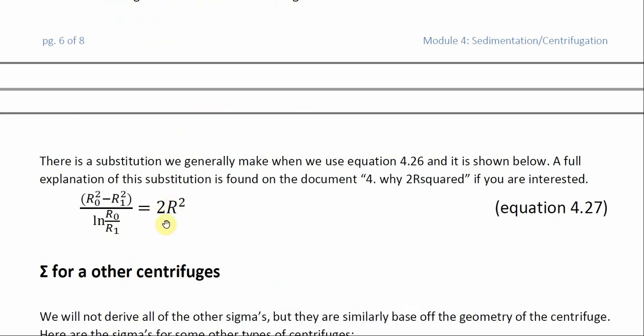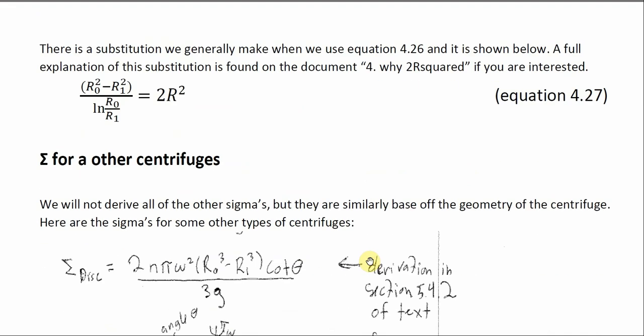This has some complicated math attached to it, so if you're interested in why this is true, you could visit the document for why 2r squared that is listed on the Canvas page.